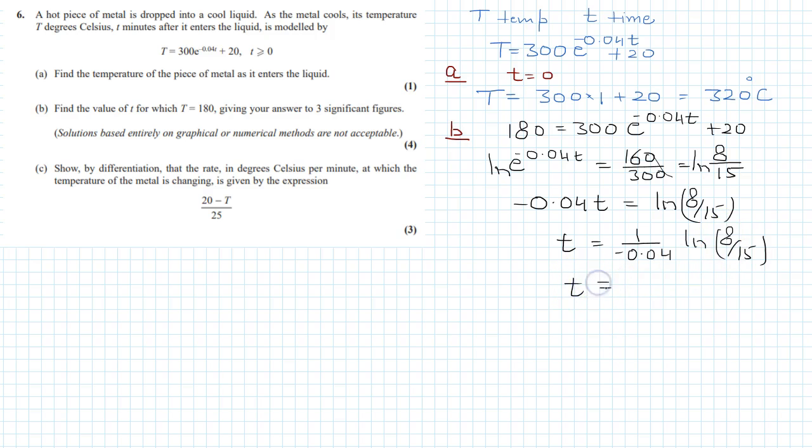It means the value of T is negative 100 over 4 ln 8 over 15, so T is negative 25 ln 8 over 15.